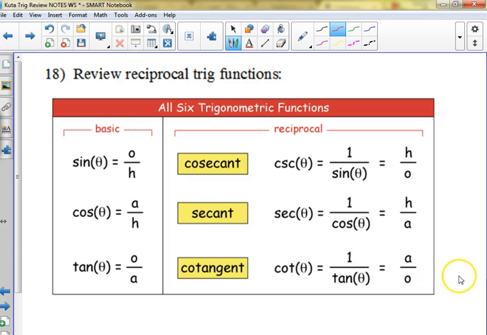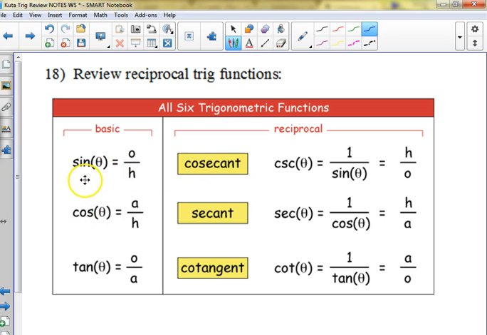Now, the reciprocal trig functions. You got to memorize these, guys. Remember, sine doesn't go with cosine. This co has to do with complementary, okay? The complement means it adds up to 90. Remember that? So the sine of 60 is equal to the cosine of 30. That has to do with the complement, okay?